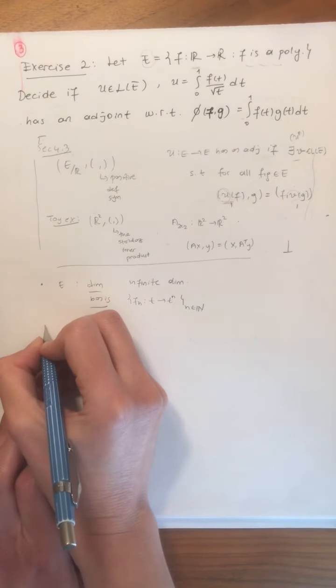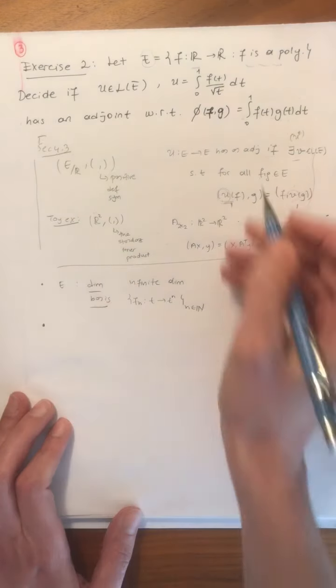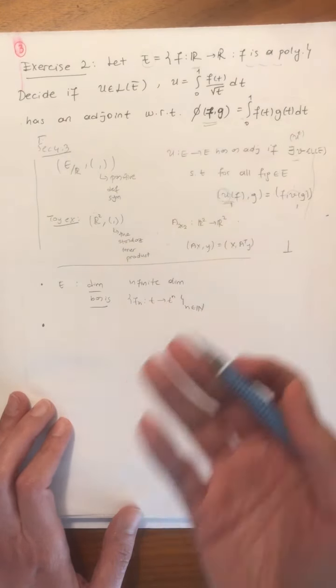And we also want to see that the given bilinear form is a scalar product.